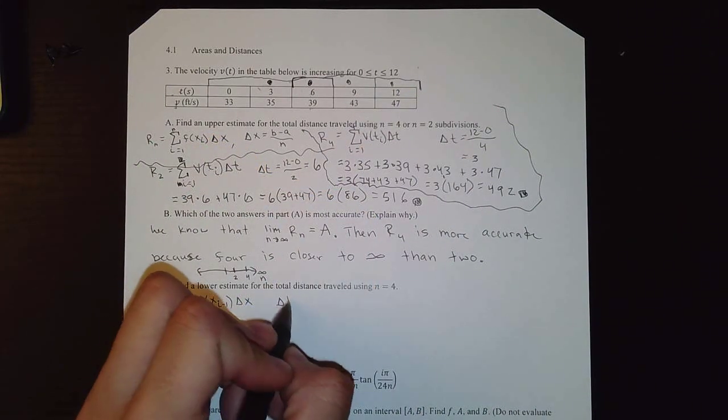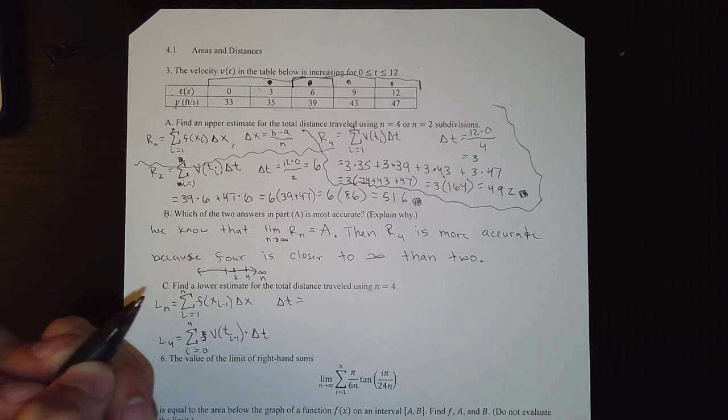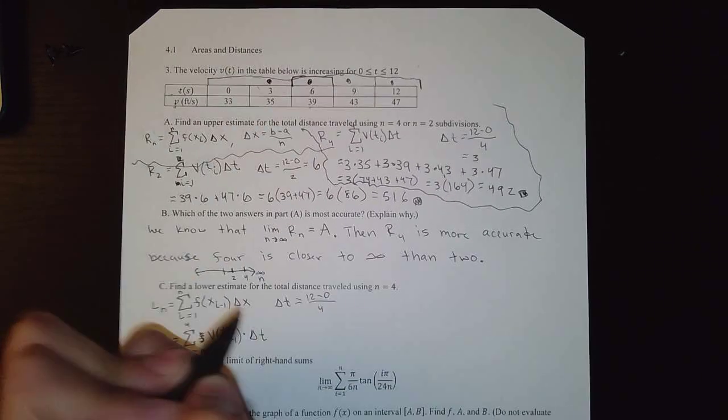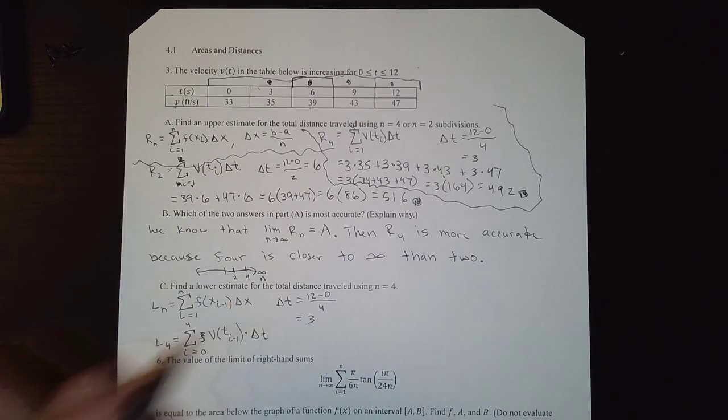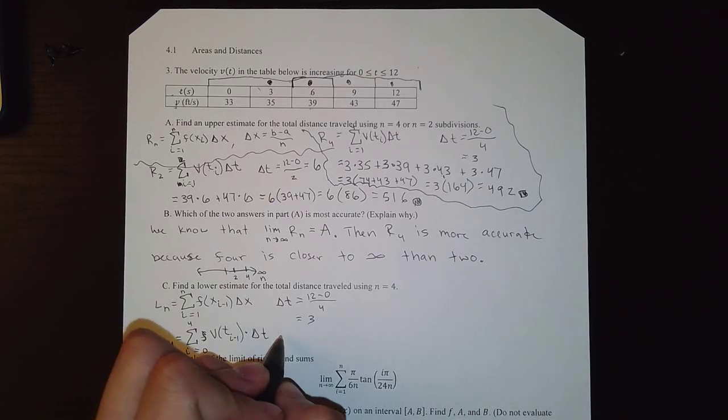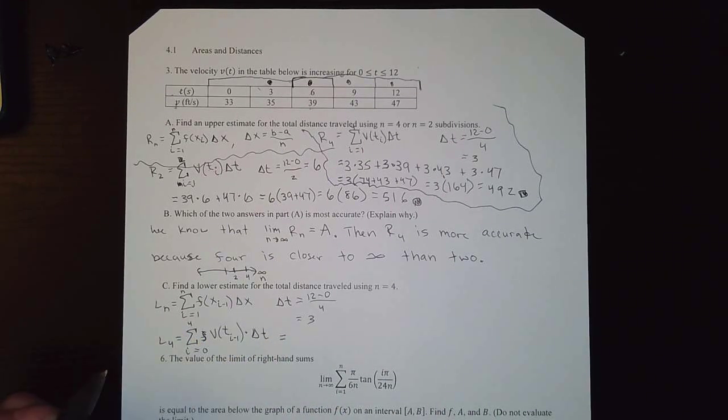Well, delta t is equal to 12 minus 0 over 4, which is 3 again. And so let's try plugging in points.